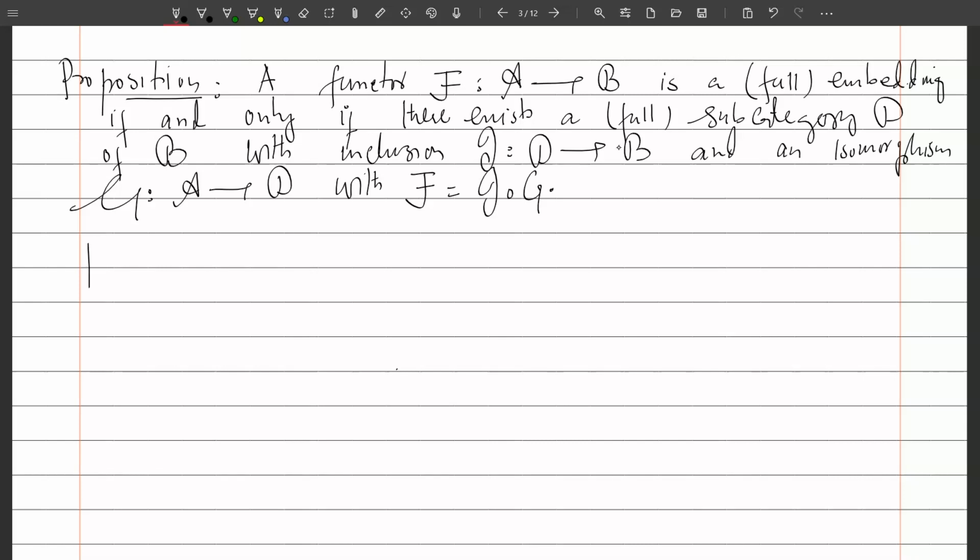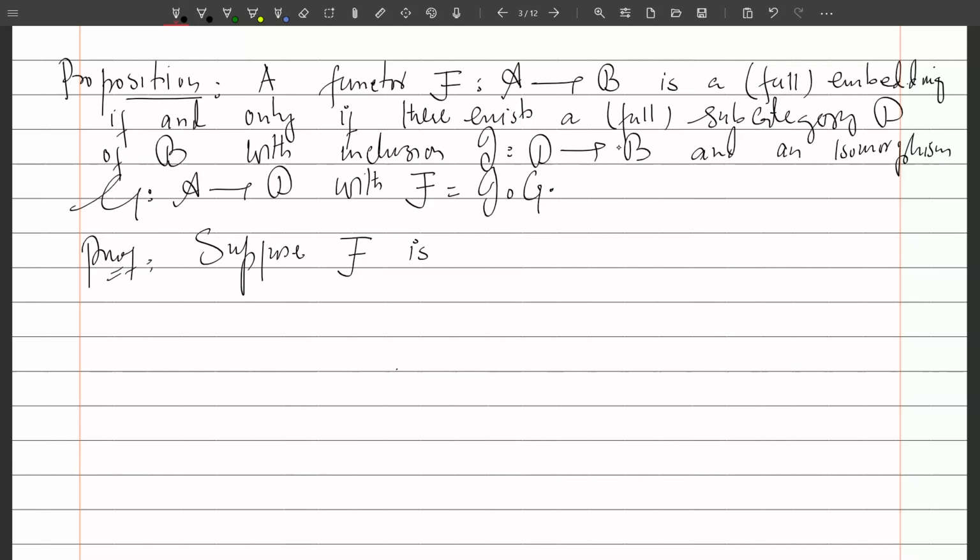Now let us prove this. So let us first assume that f is a full embedding. Actually, there are two statements in this result. One statement is without full here, so if we drop full here then we get one statement, and the other statement is if we include full here, so it is full embedding if and only if full subcategory.